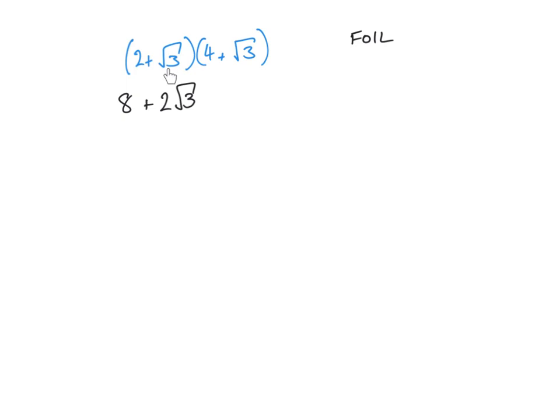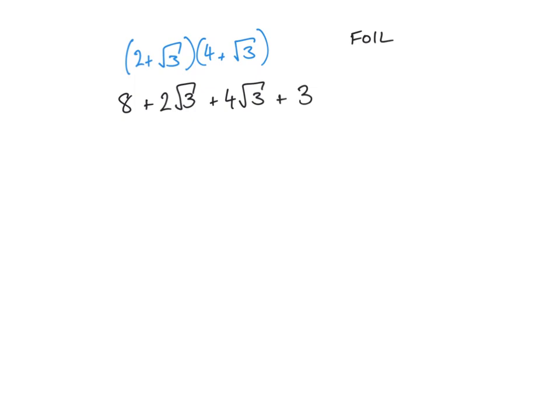The inners, root 3 times 4, well that just gives me 4 root 3s, or 4 root 3. And finally, the lasts, well, root 3 times root 3. And again, root 3 times root 3 just gets rid of the square root, so we just end up with 3. Or root 3 times root 3 is root 9, which is 3.